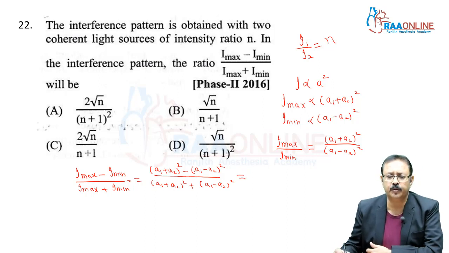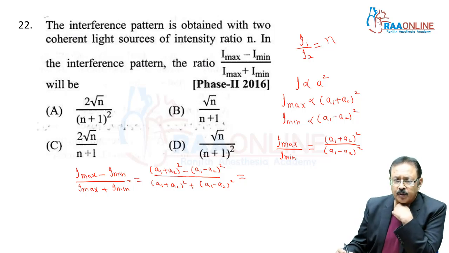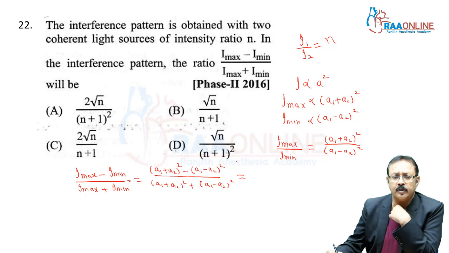A1 square plus A2 square will cancel out and you will get 2A1 A2 plus 2A1 A2. What are we getting? 2A1 A2 at this place, 2A1 A2 at that place. So we will get 4A1 A2. Here, plus 2A1 A2 minus 2A1 A2 cancels out. You will get twice of A1 square plus A2 square.